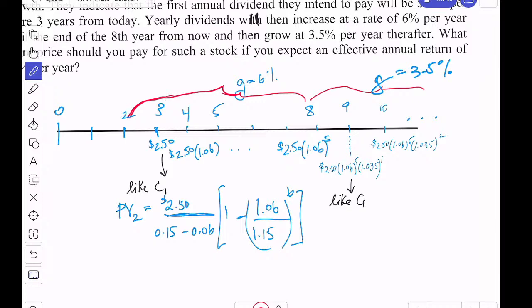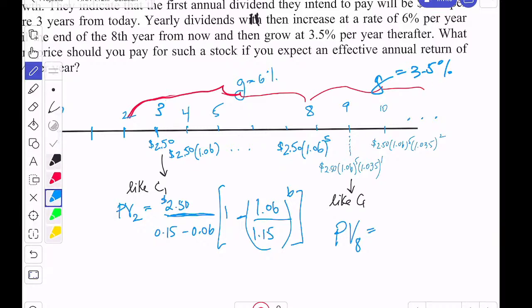So that's that part. The next part, which I will add, but they all have to be converted to time 0 in order to sum them. The next one would be valued at PV8, and it is a perpetuity, with the first cash flow being this, and it's growing at a rate of 3.5%.